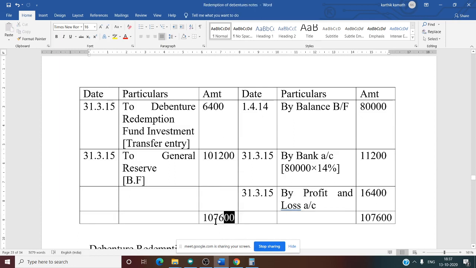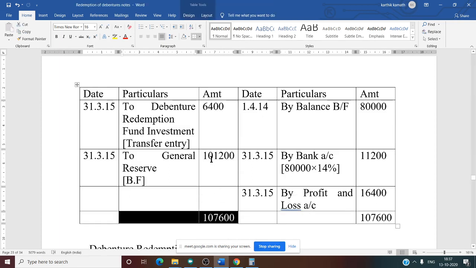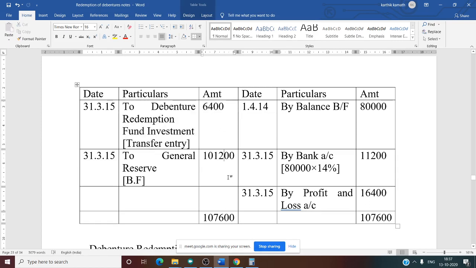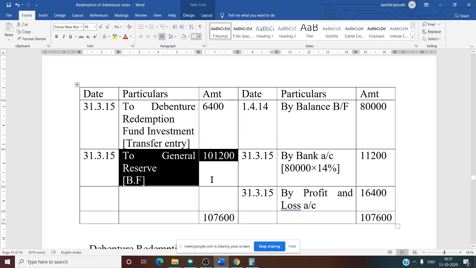Write the same total on both sides, and from that total, minus 6,400, that is the loss value you need to deduct. What is the remaining amount? 1,07,600 minus 6,400 gives 1,01,200. So this amount is the unutilized amount. Unutilized amount remaining in the sinking fund account is transferred to the general reserve account. That entry is debenture redemption fund account debit to general reserve account, balancing figure 1,01,200.